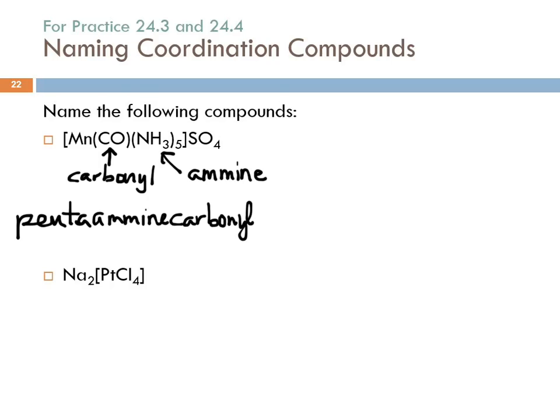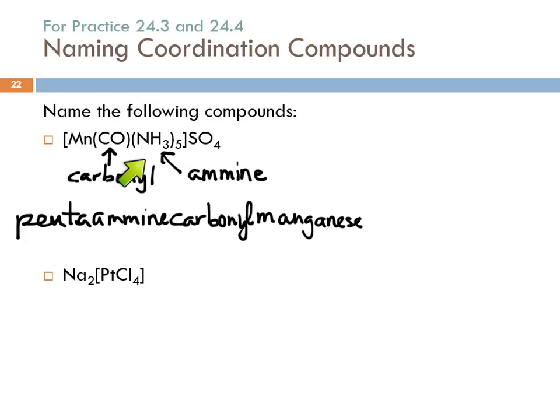And then what's the name of the metal ion? Manganese. We don't have to change the ending because the complex ion is a cation. What's the charge on that? It's going to be +2 because the carbonyl and the amine are both molecules.